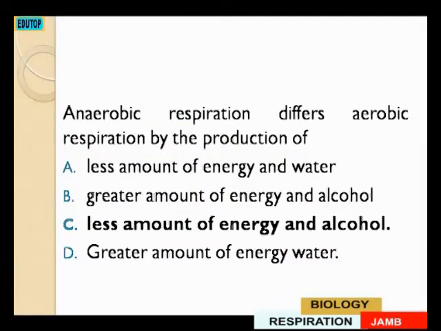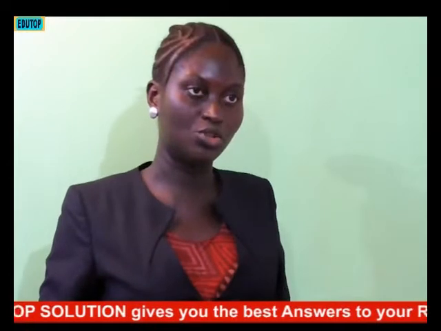In anaerobic respiration, the amount of energy produced is reduced when you compare it to aerobic respiration. It is reduced because oxygen is not involved. So that is option C. Less amounts of energy and alcohol is produced in anaerobic respiration when you compare it to aerobic respiration.